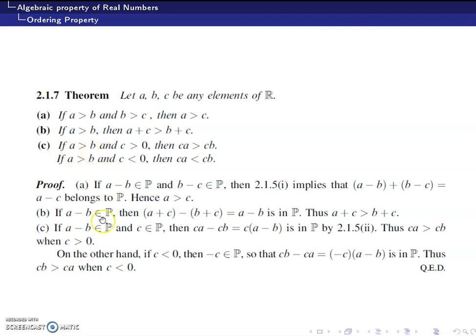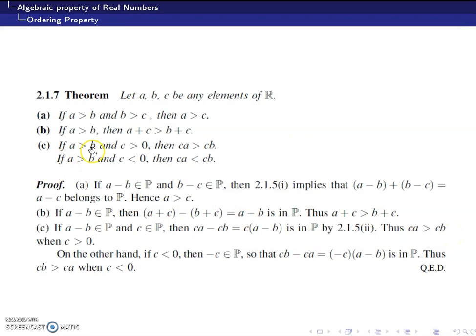A greater than B implies A minus B is an element of P. C greater than 0 implies C is an element of P. So A minus B and C are elements of P. P is closed under multiplication, so the product of A minus B and C is also an element of P. C into A minus B is equal to CA minus CB, which is also an element of P. By the definition of inequality, CA minus CB is in P implies CA greater than CB.